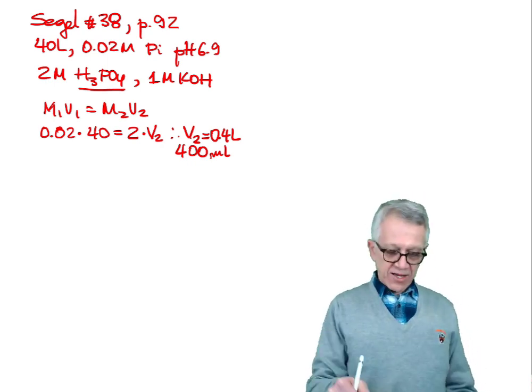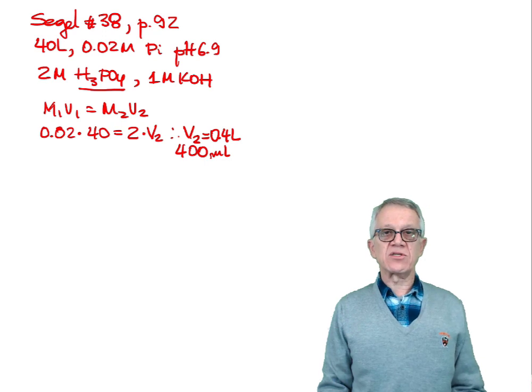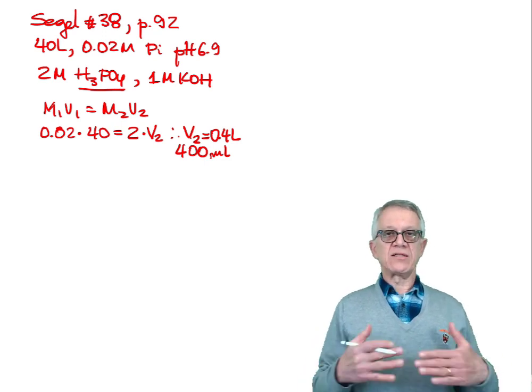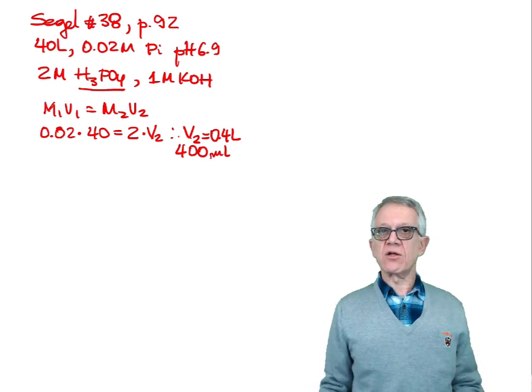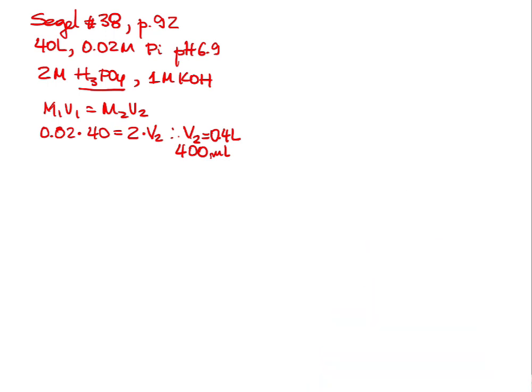However, if you take 400 milliliters of phosphoric acid, put it in water and dilute it to 40 liters, the pH is not going to be anywhere close to 6.9. Now we need to know what to do to adjust the pH to 6.9. So let's write down the equilibria for phosphoric acid.